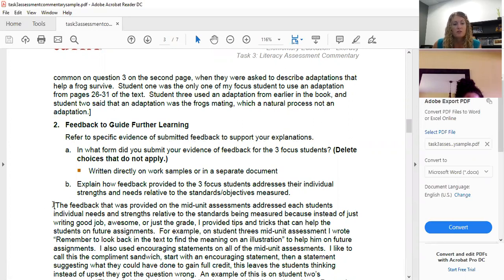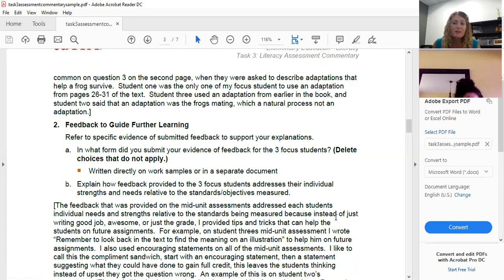So here you can see that the student teacher starts out writing, the feedback that was provided on the mid-unit assessments addresses each student's individual needs and strengths relative to the standards measured. Instead of just writing good job, awesome, or just great, I provided tips and tricks to help the students on future assignments.